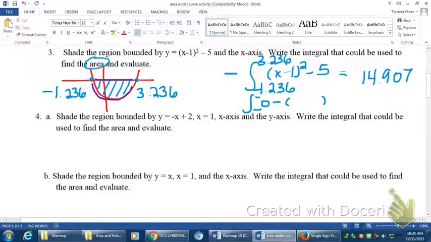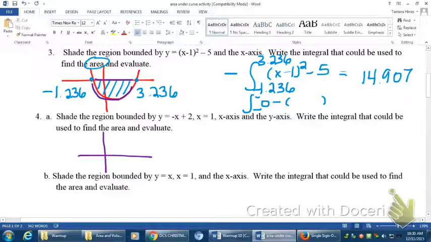That would be another way to write that, but that's why there's a negative on the outside. Alright, number 4. It wants us to shade the figure, figure out what would be shaded, and find the area.